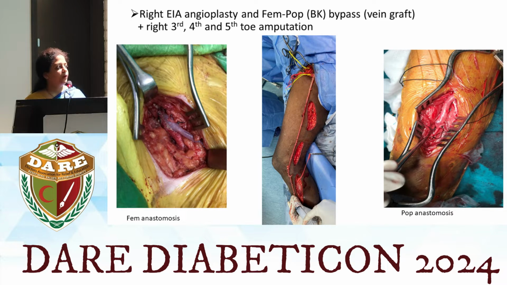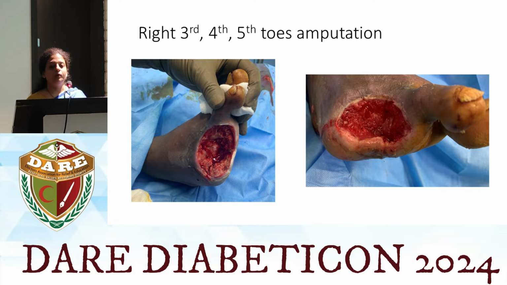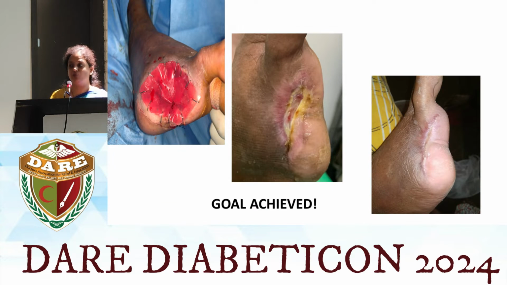After that, the infected toes are removed, but we are not very radical in the first part of the debridement because we have to give time for the blood to reach these areas of the wound. Gradually, over weeks with dressings and some skin substitutes, the wound heals and we are able to give the patient a biomechanically functional foot.